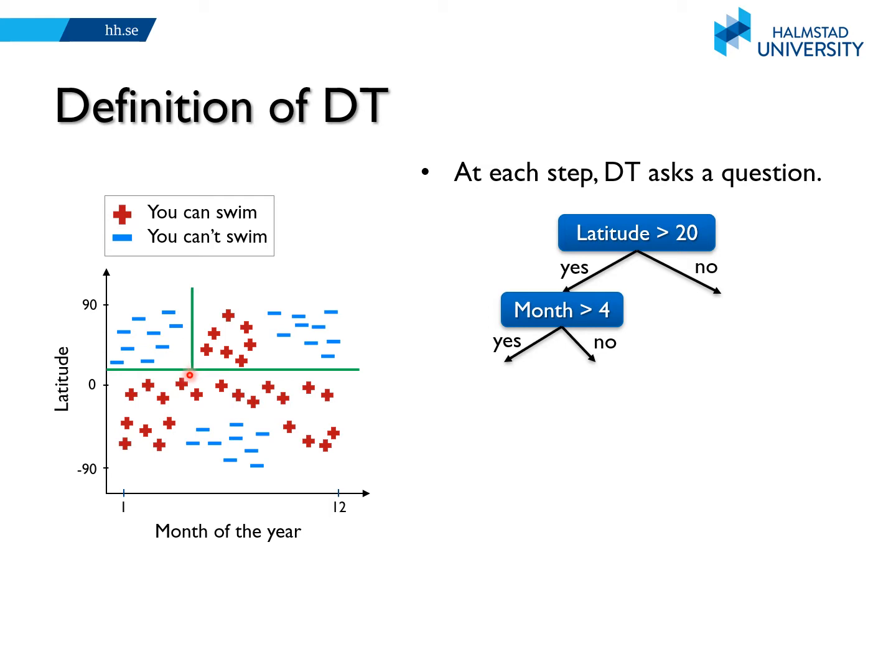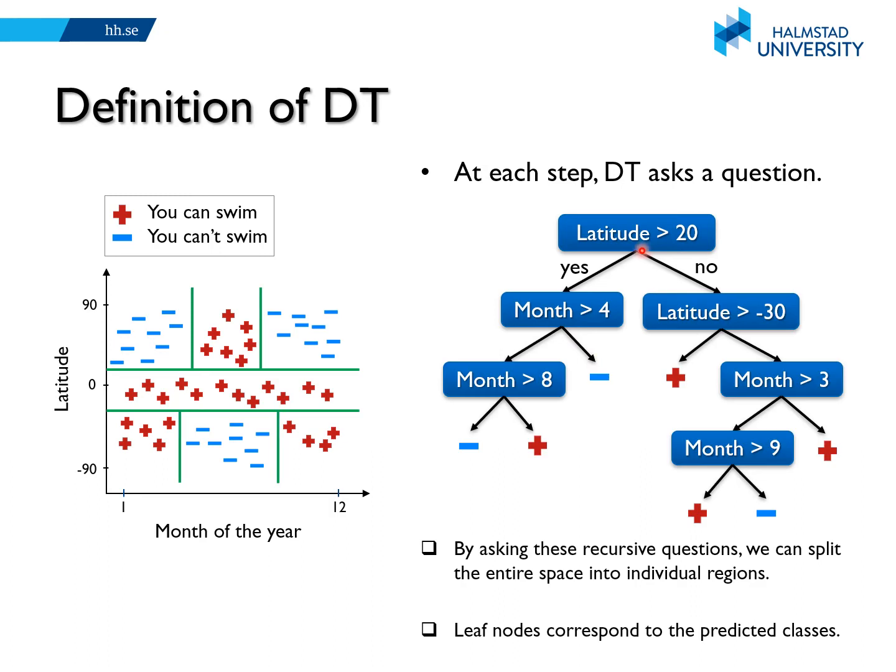And we are splitting this region into two more regions based on this question. And we can continue to split the space into more regions by asking these questions recursively until we split the entire space into individual regions. So we get this corresponding decision tree. And at the leaf nodes, we have the corresponding predicted classes.